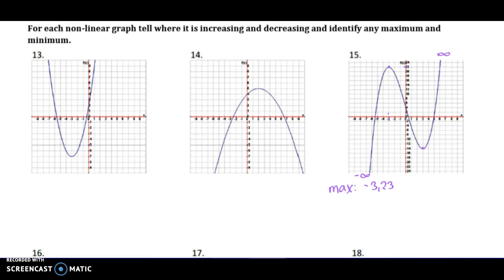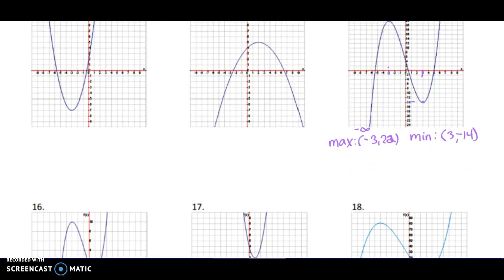So the point negative 3, 22. And the minimum, same procedure. So this one is a positive 3, negative 14. Max and min part is done. Why did I do those first, even though they were listed second in the instructions? Because you're going to need them to do your intervals anyway, so you might as well do them first.